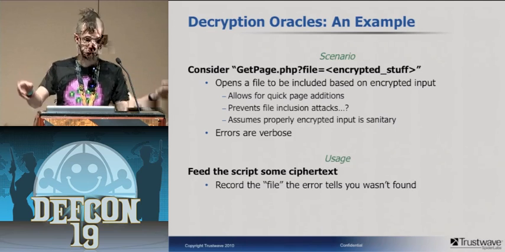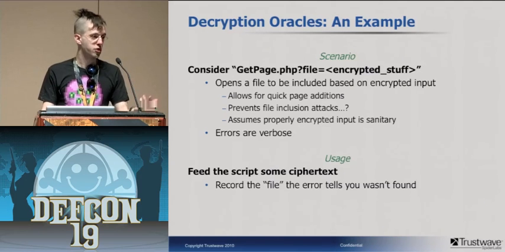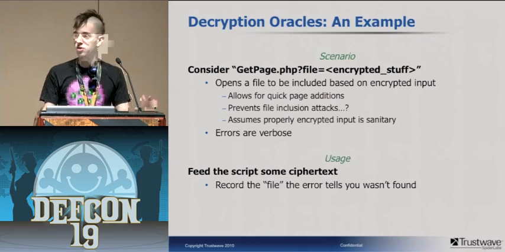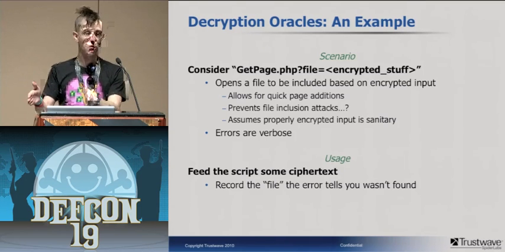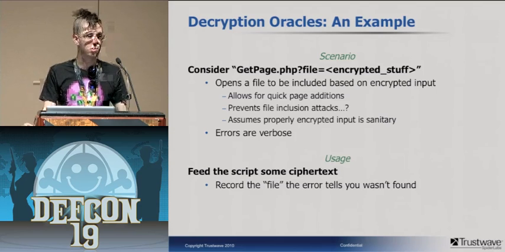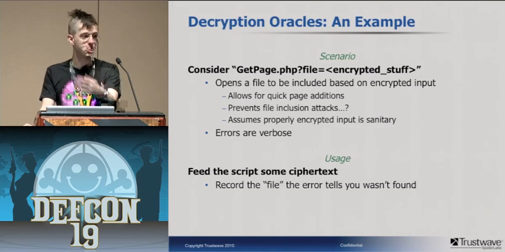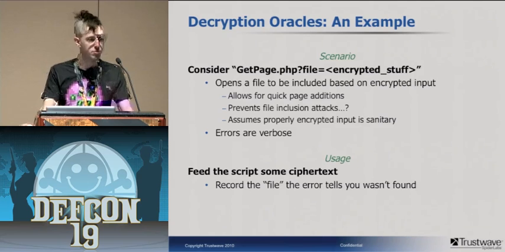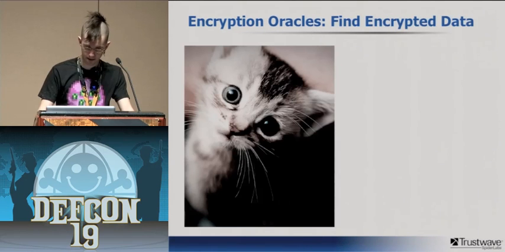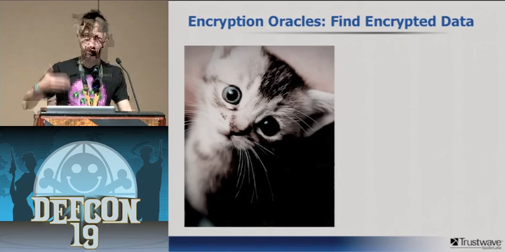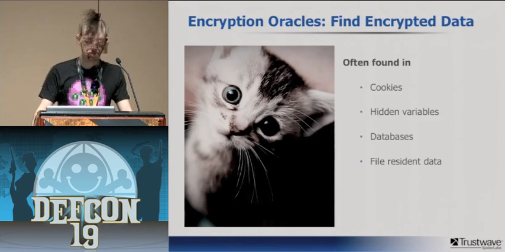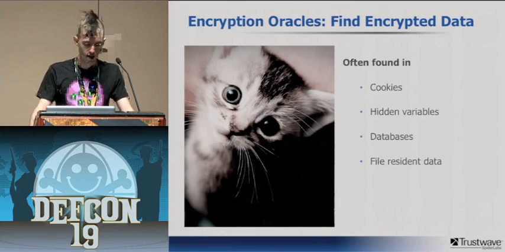So here's an example of where you might find a decryption oracle. When novices are writing web applications, they frequently write one particular kind of file inclusion flaw in a script that's supposed to just make their lives easier. Essentially what they're doing is including a header, some page that gets passed in by user input, and then a footer, so that they don't have to put the header and the footer on everything, and they can change the header and footer for all the pages arbitrarily at any time they wish.